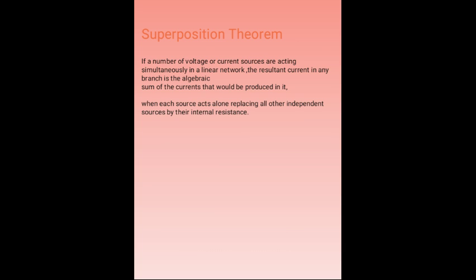The statement of the superposition theorem is: if a number of voltage or current sources are acting simultaneously in a linear network, the resultant current in any branch is the algebraic sum of the currents that would be produced in it.